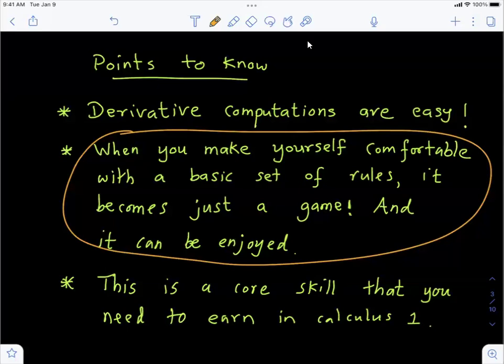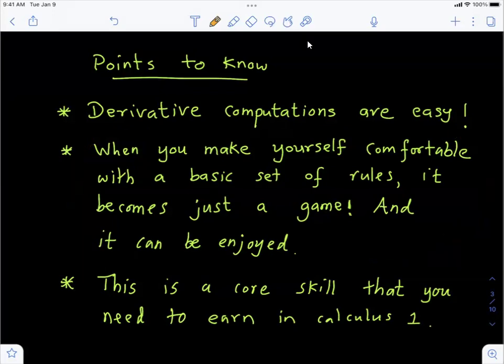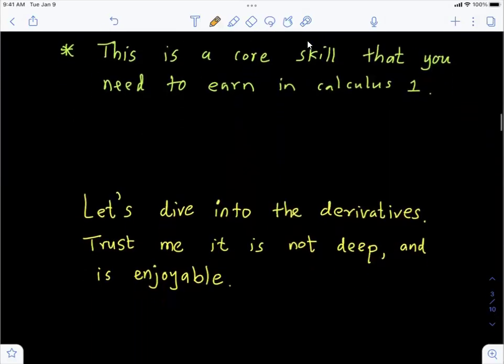You know how to move those pieces legally. That's exactly what you need to understand in this scenario. The most important fact is that when you're comfortable with the basic collection of rules, it becomes just a simple game and it can be enjoyed. Trust me. So without further ado, let's jump to the derivative computations.